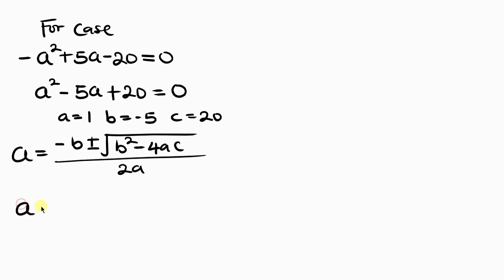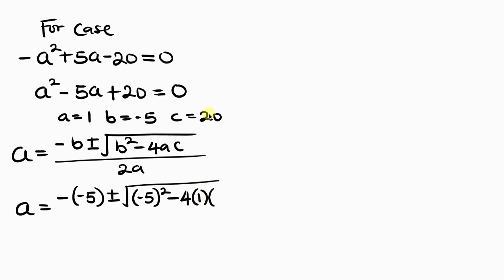Now let's substitute into this quadratic formula. So we have a equal to negative b, so negative b is negative 5, so negative 5 plus or minus the square root of b squared, so that's negative 5 squared, minus 4 times a times c, so 4 times a is 1, times c is 20, all over 2 times a, that is 2 times 1. Very good.